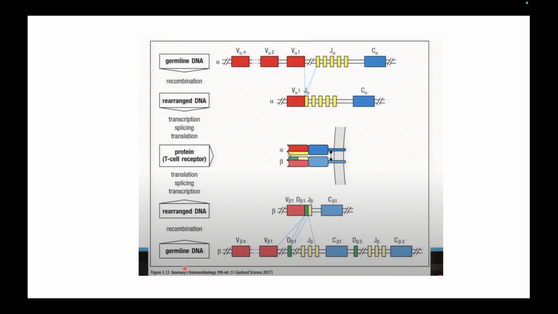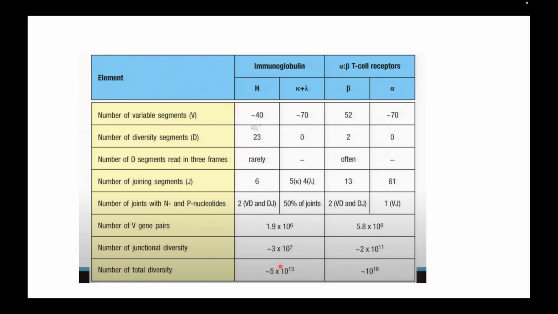For T cell receptor generation also, as I have shown, the antibody structure and the T cell receptor structure are kind of the same, so the same kind of rearrangement happens.